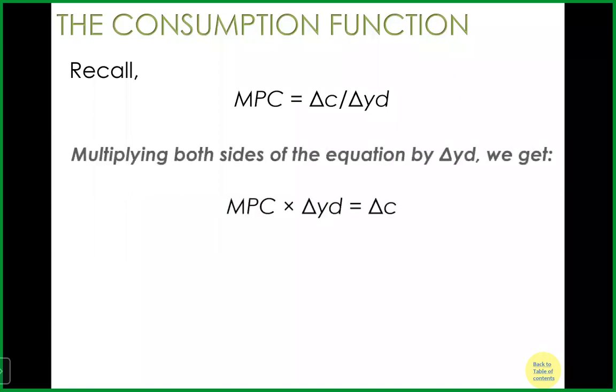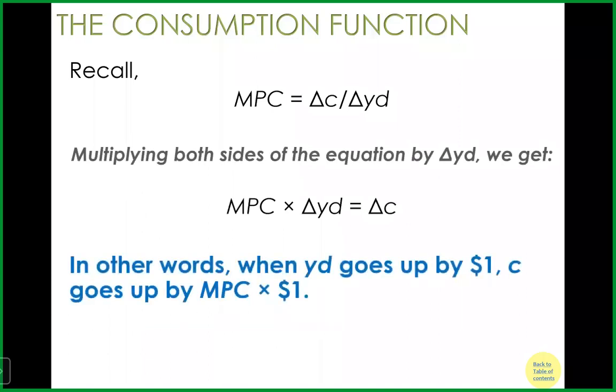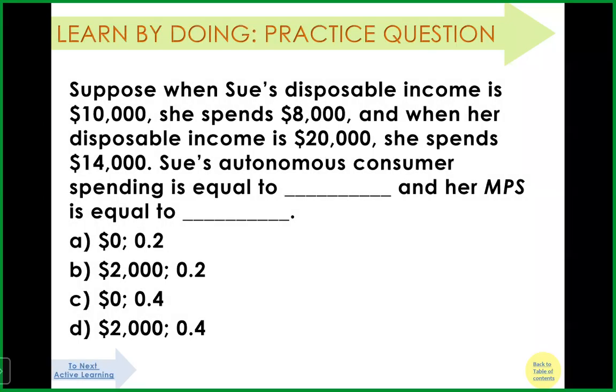Now, if we multiply both sides, we get this equation, right? Very straightforward. This just means if disposable income increases by $1, consumption will go up by MPC dollars, right? So this is what this means.